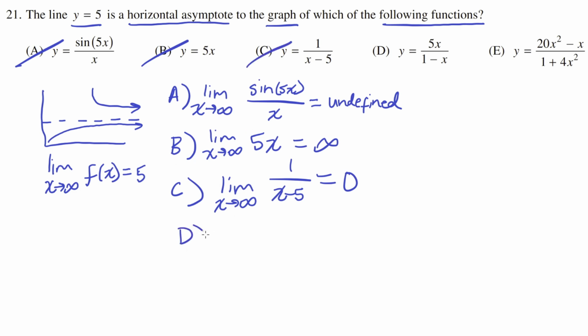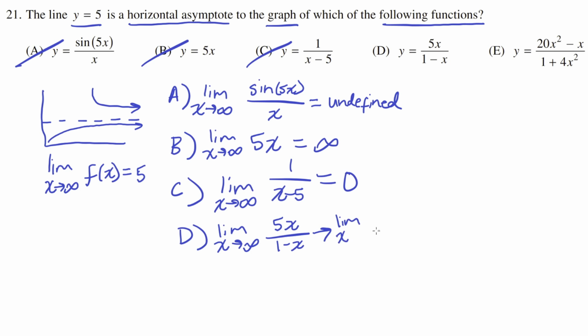For D, we take the limit as x approaches infinity of 5x over 1 minus x. In this case, we're going to have an infinity in the numerator and infinity in the denominator, and infinity over infinity is an indeterminate form. So we can use L'Hopital's rule and take the derivative of the numerator and denominator.